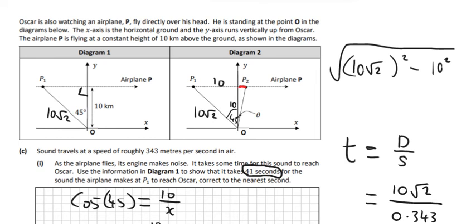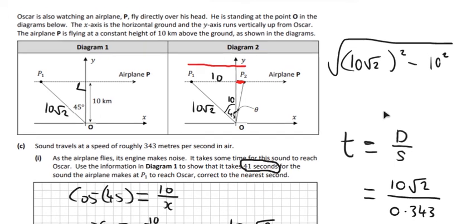We need to figure out what that little red bit is on the right hand side of the y-axis, because then we can use SOHCAHTOA to work out what theta is. So the big thing is to find out the length of that. So I'm going to work out the full length from P1 to P2, and then I'm going to take away the 10, and that'll give me the little bit that's left.